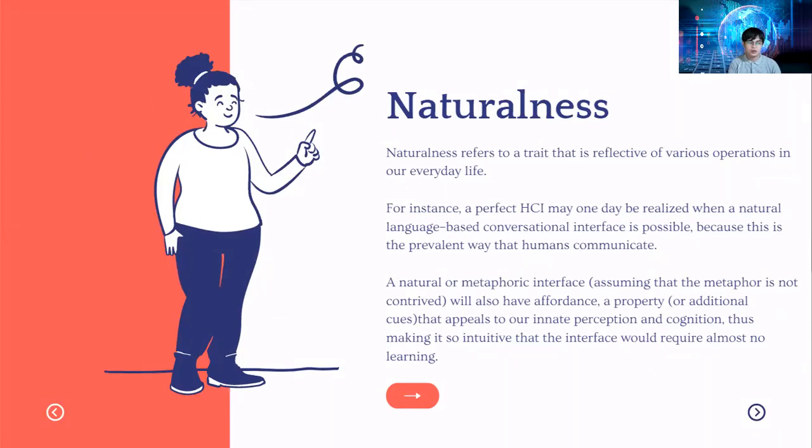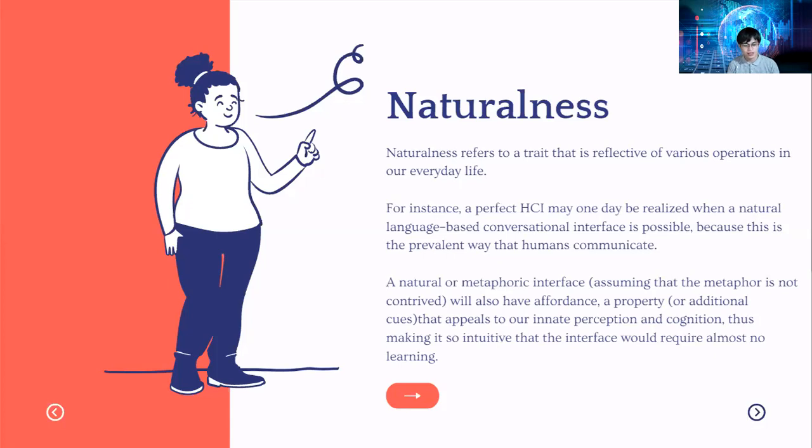A natural or metaphoric interface, assuming that the metaphor is not contrived, will also have affordance, a property or additional cues that appeal to our innate perception and cognition, thus making it so intuitive that the interface would require almost no learning.